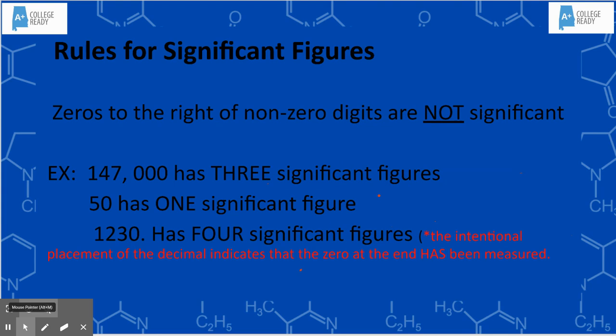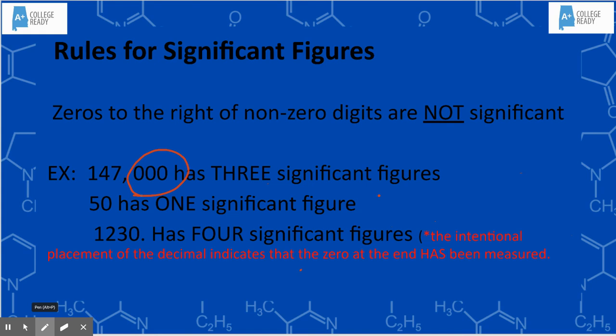All right, here's another one. Zeros to the right of non-zero digits are not significant. So you can see these 3 right here are not significant, just the 1, the 4, and the 7, because they are to the right of a non-zero digit. 50 has 1 significant figure, again, because that 0 is to the right of a non-zero digit.